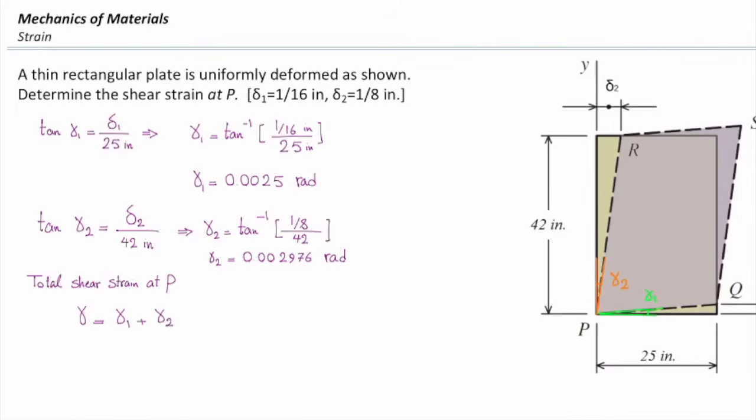And if I add the values together, that gives us 0.005476 radian. And as I said, this strain is very small, and it's better to convert it into microradian by multiplying that by 1 million, and that would be equal to 5476 microradian. That's the answer of this problem.